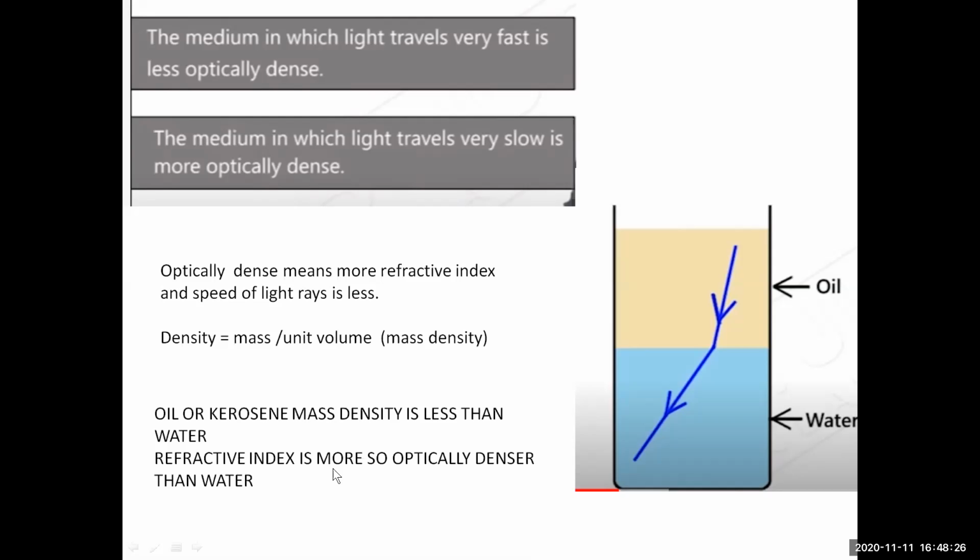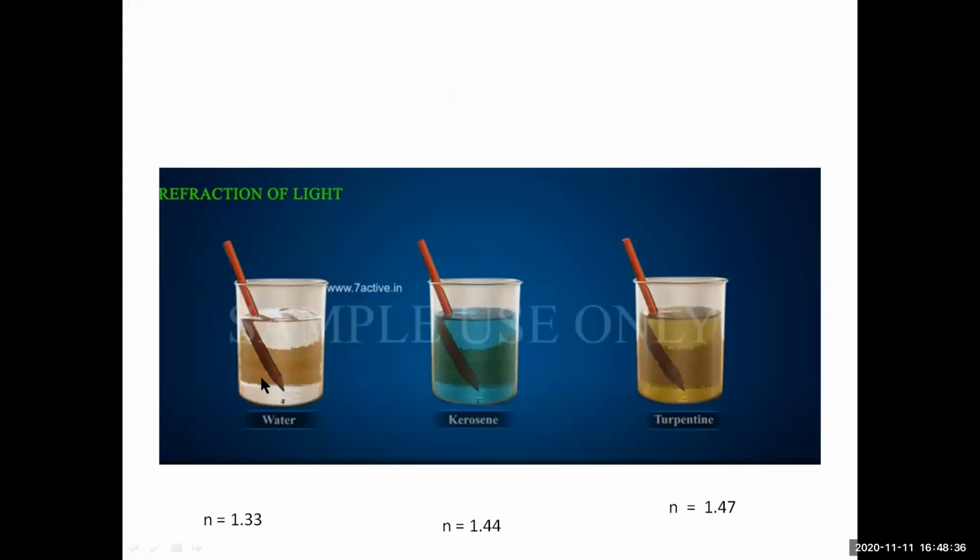But the refractive index is more for oil, so it is optically denser than water. Have you followed, students? If the refractive index is more, the bend will be more. If the refractive index is less, the bend will be less.